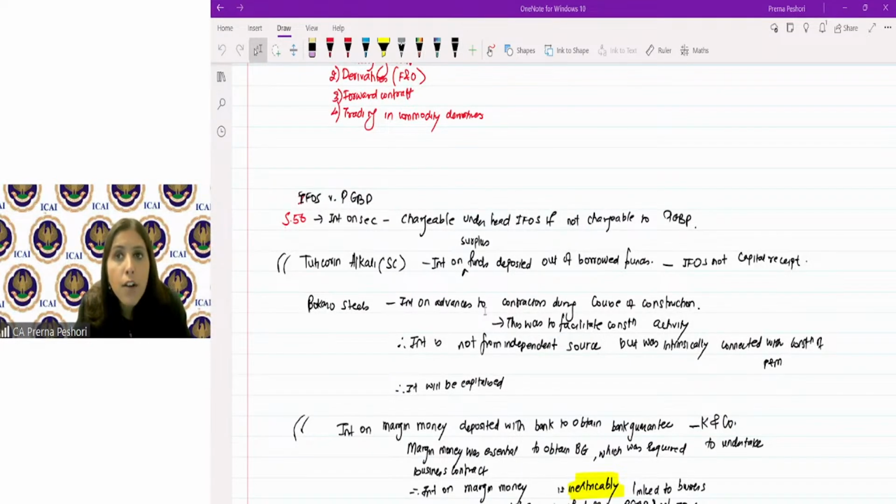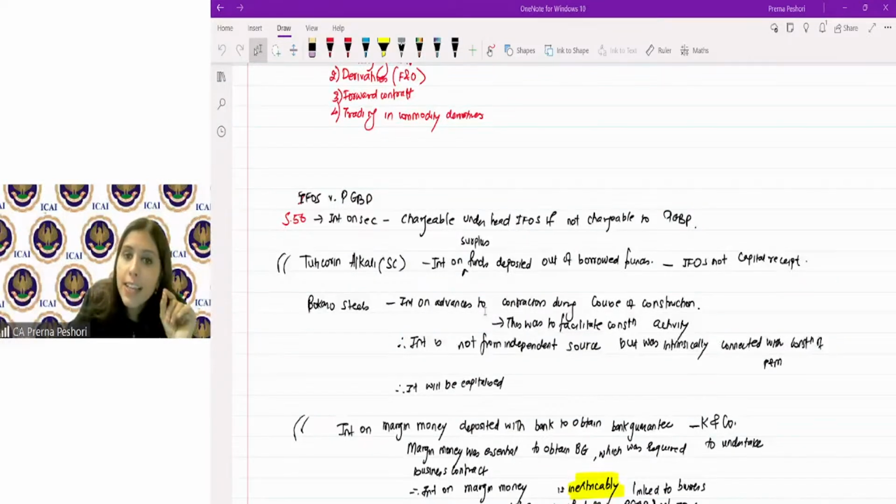So basically you have to interlink as to where exactly the provision has to be read. Are we clear? So this I have already covered as a part of the interest under the PGBP section. Isn't it? So interest will be taxable under the head PGBP.